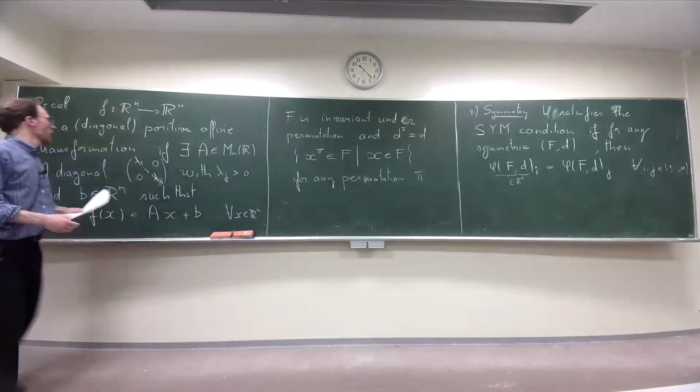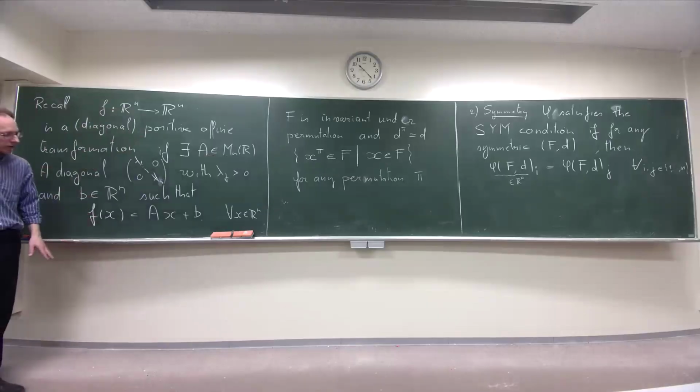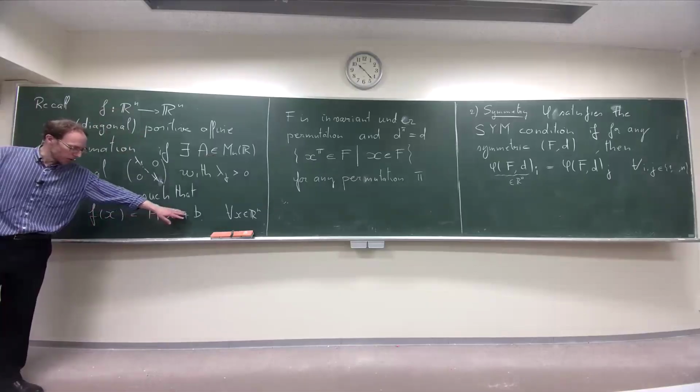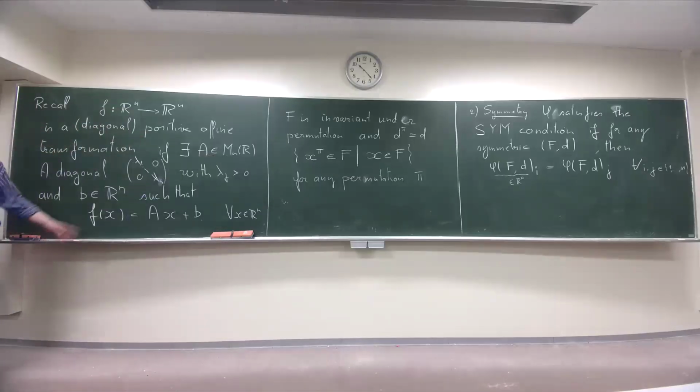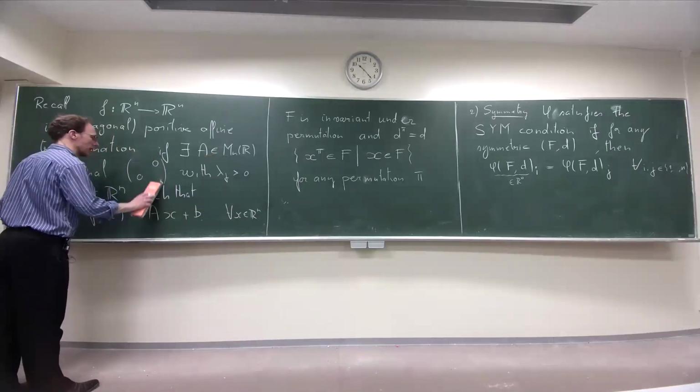So I call a diagonal positive affine transformation a transformation from Rn to Rn, but which has a very specific form. It's a matrix applied to x plus a translation. And this matrix A is diagonal, and each entry on the diagonal is strictly positive.